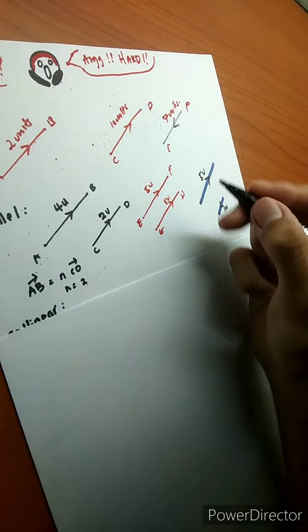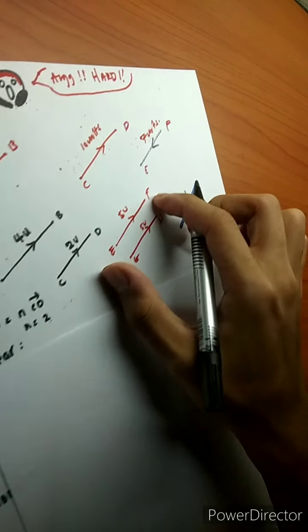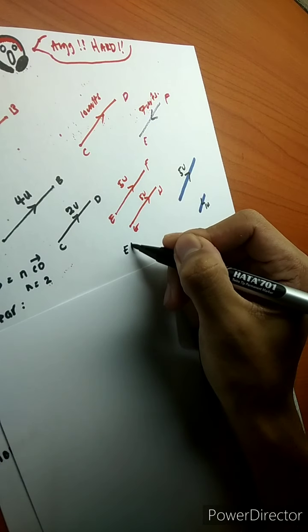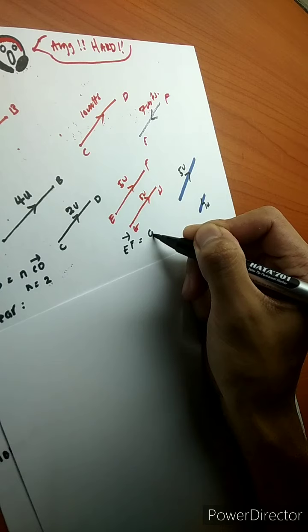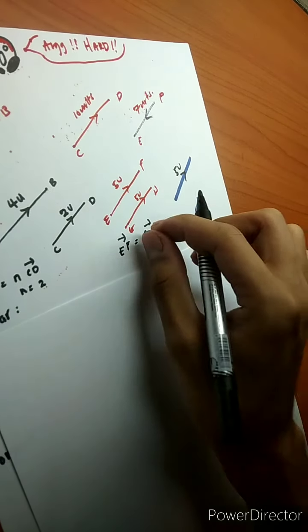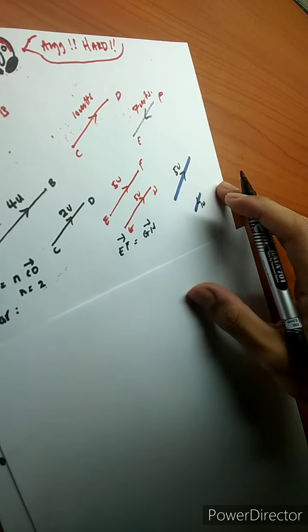And the second case is simply vector EF equals vector GH, because they are similar, so we just equate them using the equal sign.